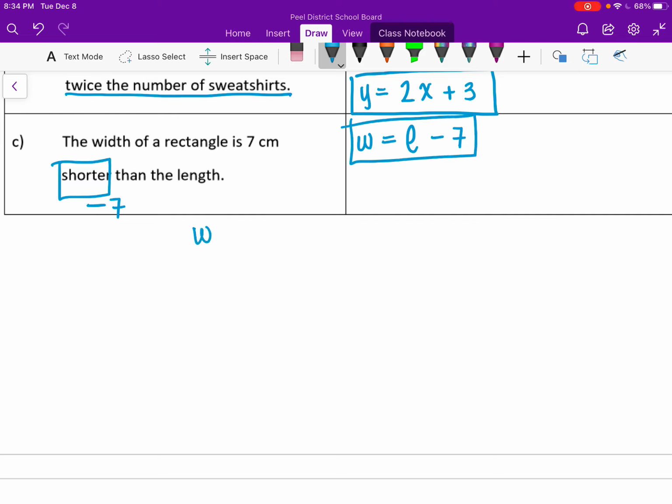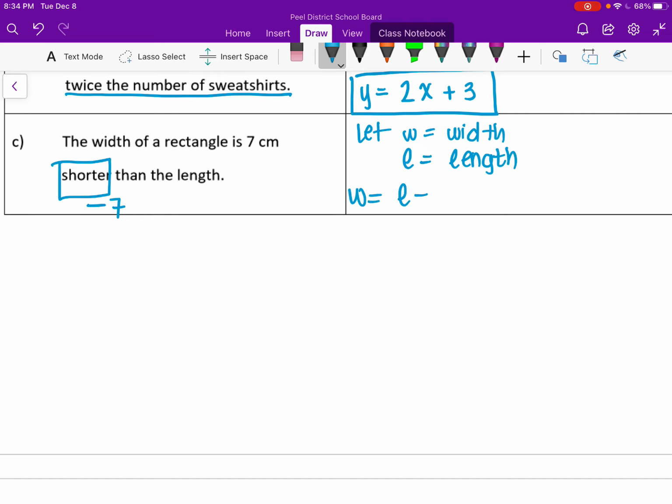Right? So, sorry, this one was on me. I didn't write the proper form. So I'm going to say let W equal width. Let L equal length. Width is equal to L minus 7. Okay.